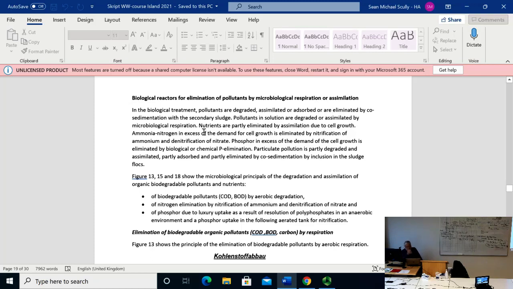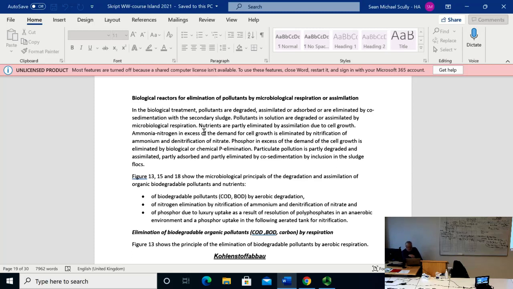When you have cell growth, roughly 50% of the COD is converted to cell mass, and 50% is mineralized to CO2 by respiration. And you have cell growth. From those 50%, due to the composition of microorganisms, roughly 5% of the assimilated COD is nitrogen.